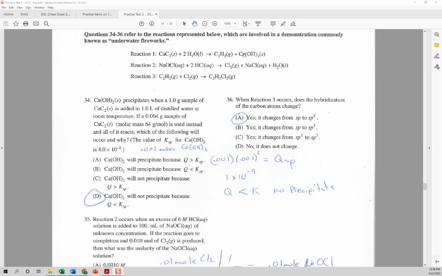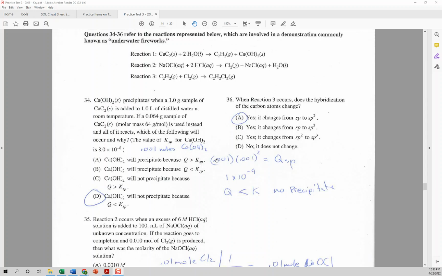So we have 0.064 divided by 64. That comes out to be 0.001 moles. Now, the volume of the whole solution is not exactly 1 liter, but it's going to be close to 1 liter, so let's just assume that's our molarity.